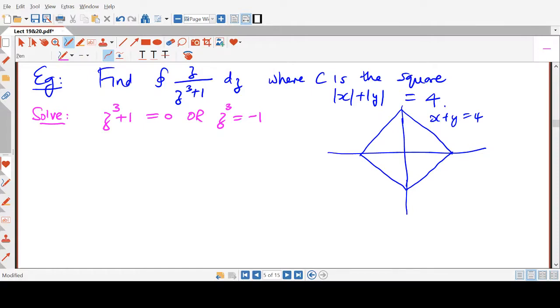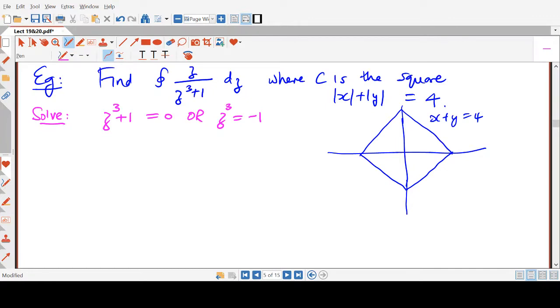Which number cubed gives you -1? -1. -1 times -1 times -1 does give you -1. So that's one root. When you do the work, you're supposed to get that root as one of the answers. That will confirm to you that it's correct. But how do you get the other two roots, guys?